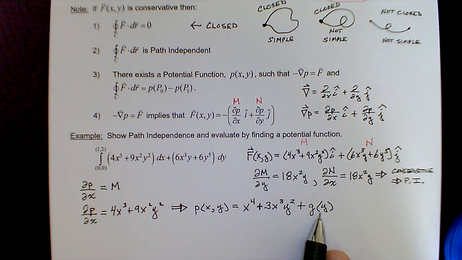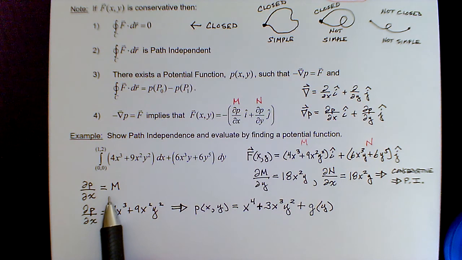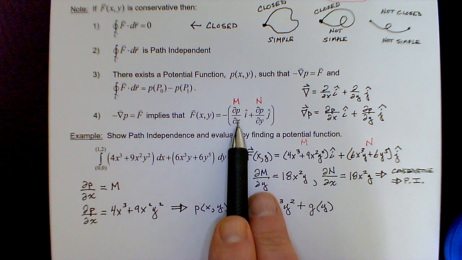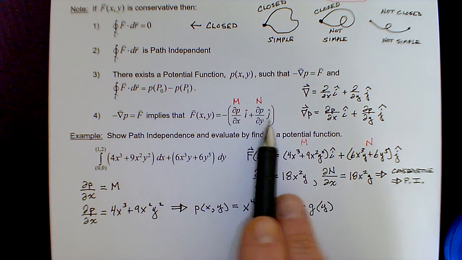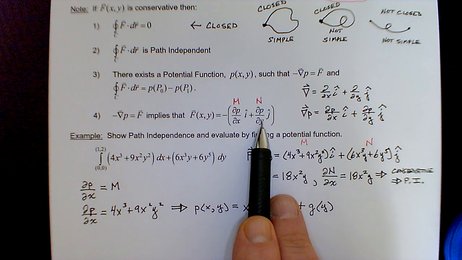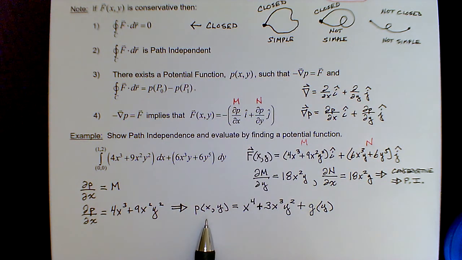Alright, so we have imposed this first condition, that the partial of P with respect to x is M. Now we can impose the second condition, but only after we take the partial derivative of this potential function with respect to y. So now we take the partial of P with respect to y.